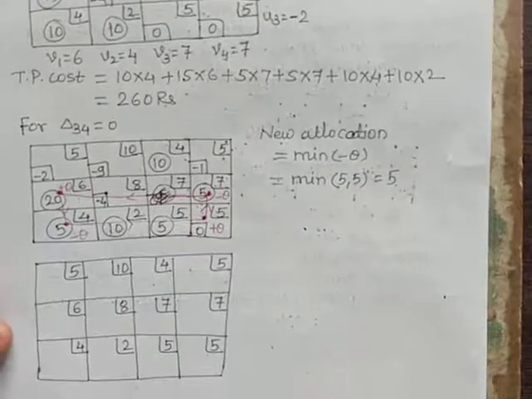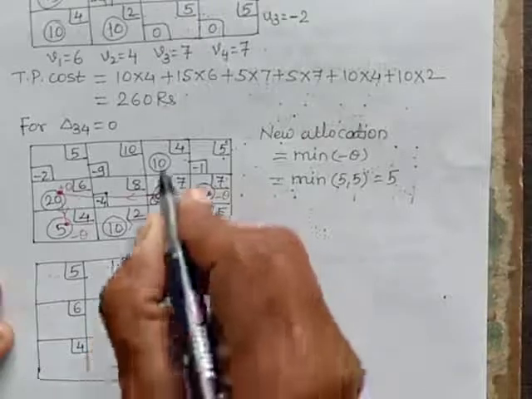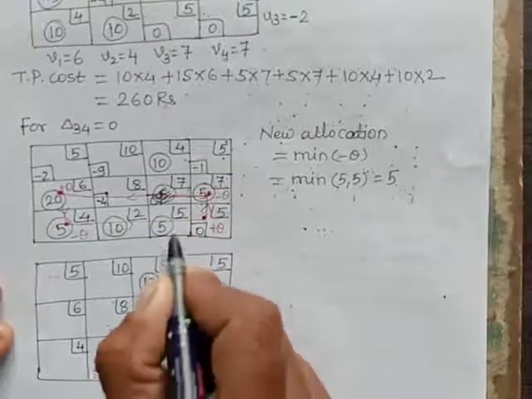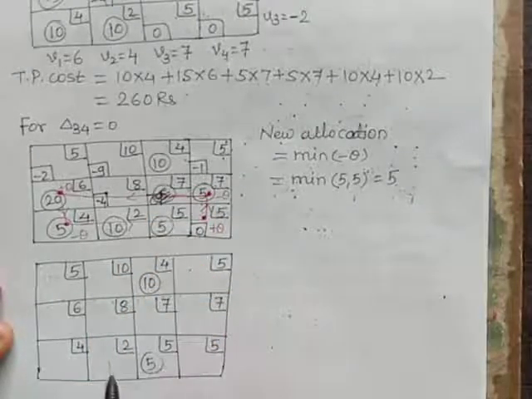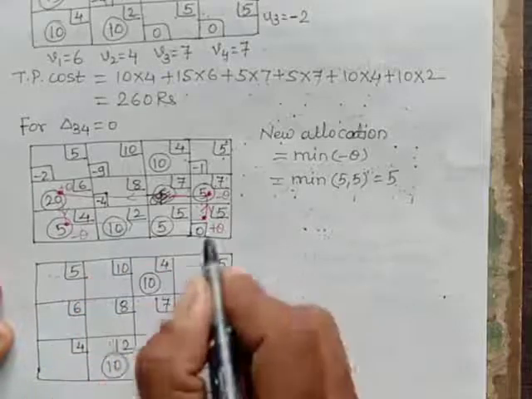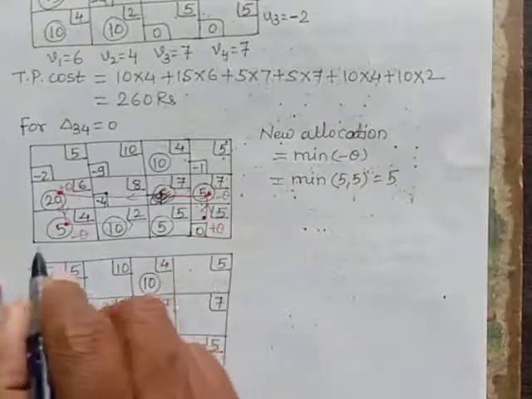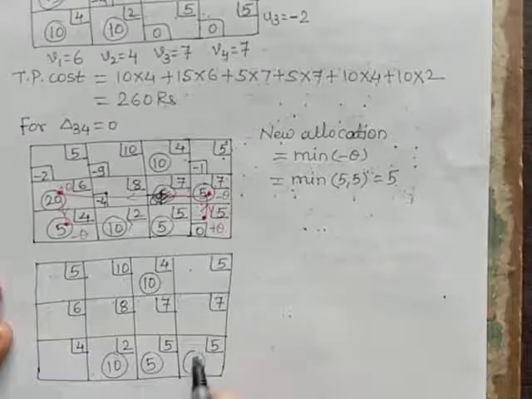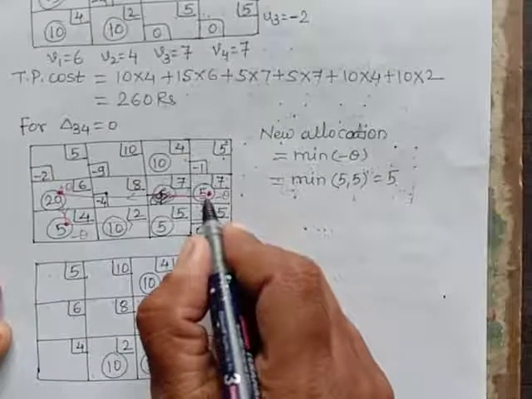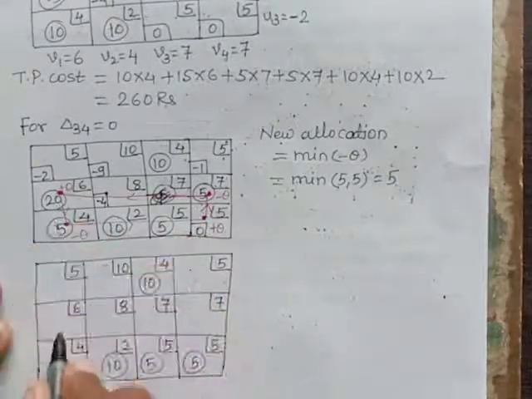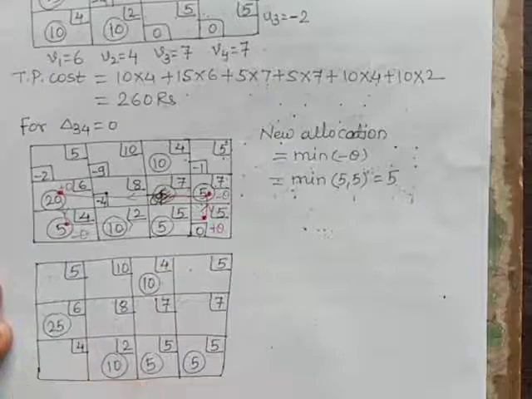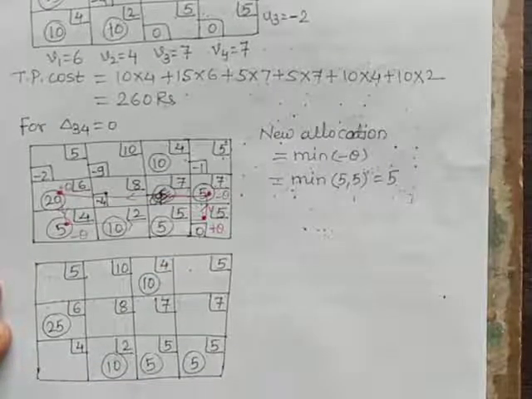Now this 10 as it is, this 5 as it is, this 10 as it is. Fine. Now here at the plus theta position I will add 5. So 5 I am adding. I will subtract 5 from here. I will add 5 here, so it will be 25. And I will subtract 5 from here.